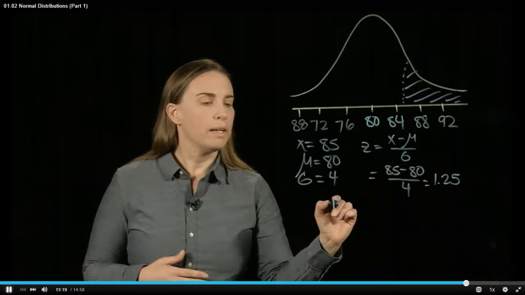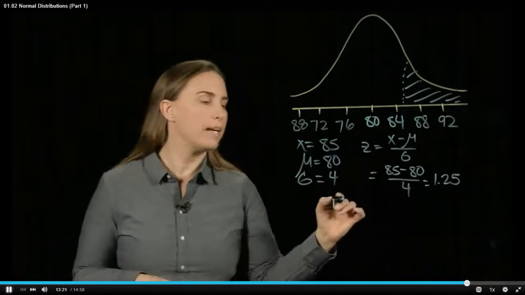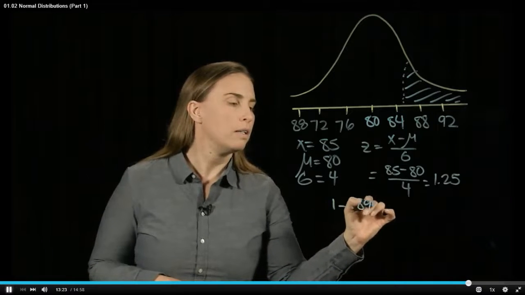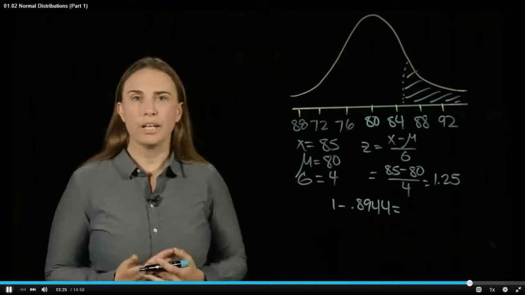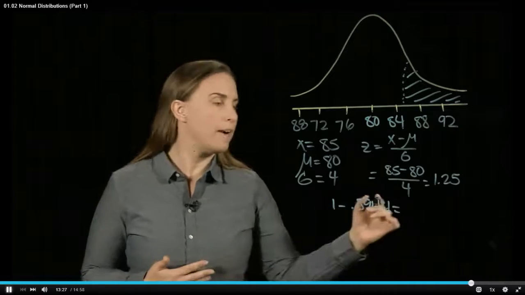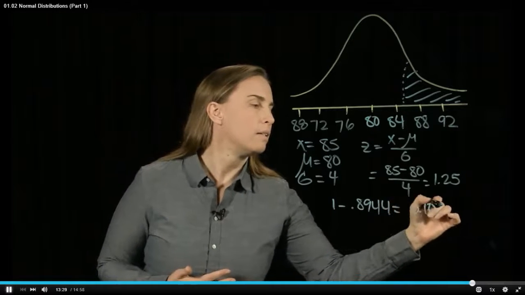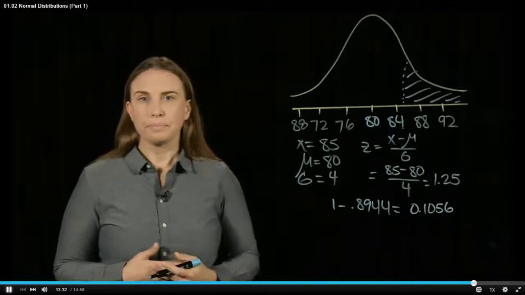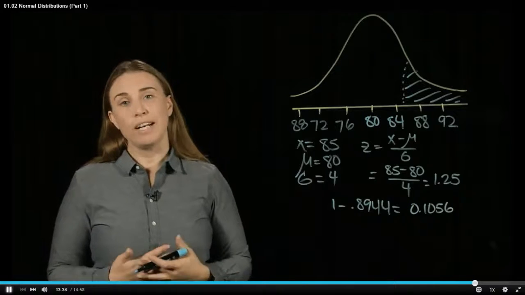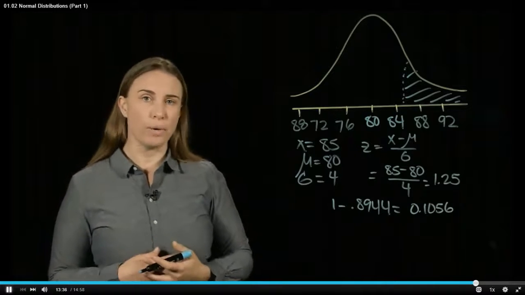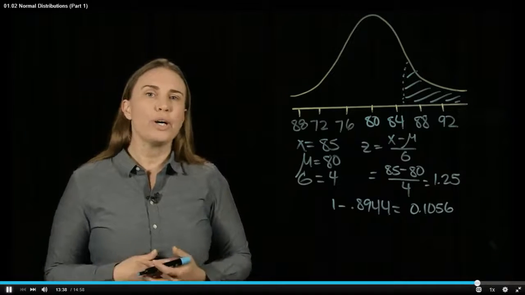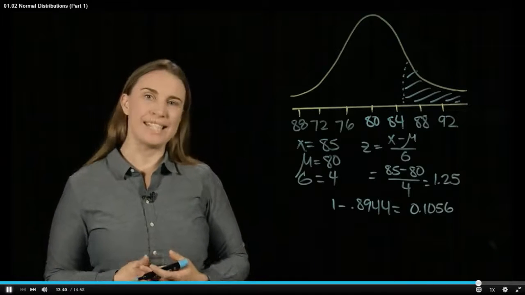So we have 1 minus 0.8944, and that equals 0.1056. The probability of scoring greater than 85 is 0.1056, or you will score in the top 10.56%.